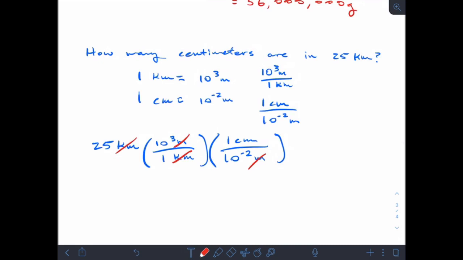Putting this into the calculator, you enter 25 times 10 to the 3. If it's on top in the ratio, you multiply, and then divide by 10 to the minus 2. If it's on the bottom of the ratio, you divide. So our final answer would come out to be 25 times 10 to the 5 centimeters.